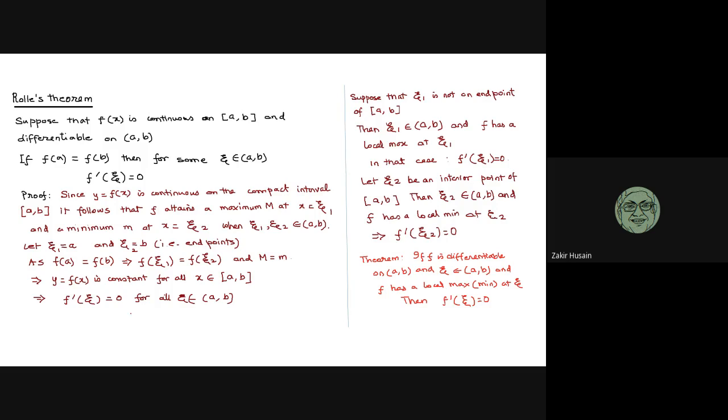What we are saying is like this. I'm starting over here. Let us say this is the maximum, this is the minimum. I can reverse this. It will not create any problem.